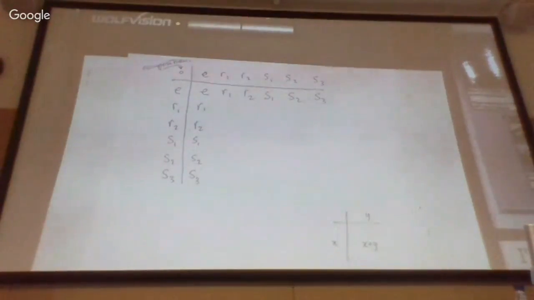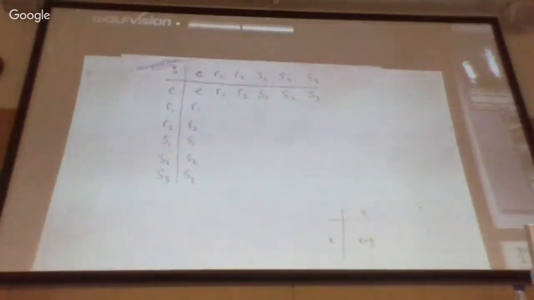If I perform 2 actions, first I do something and then I do nothing, the result is the same as if I just did something. So composing with the identity doesn't change things. But things start to get a little bit more interesting when you compose non-identity things. What happens when you compose R1 with R1? When you do R1 squared, which symmetry is that?